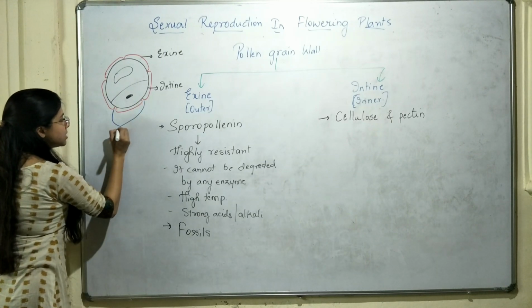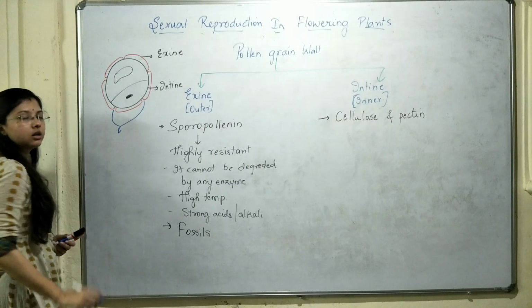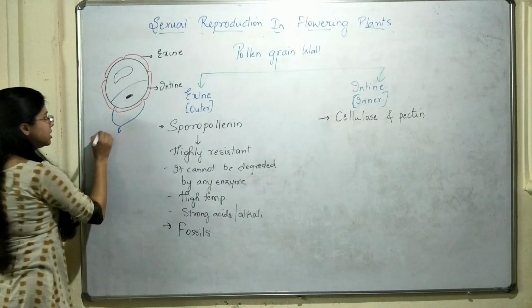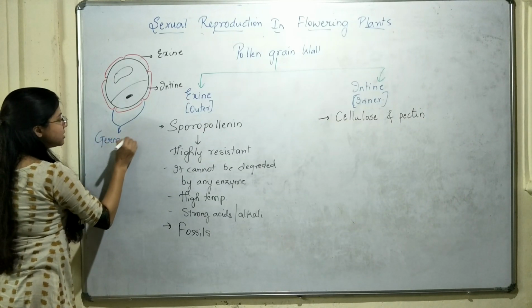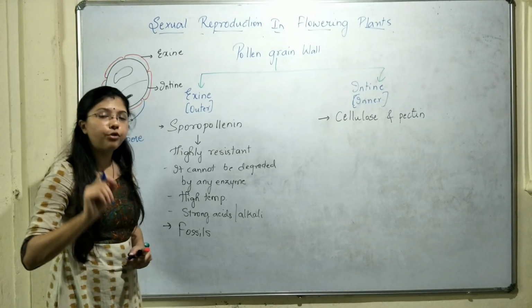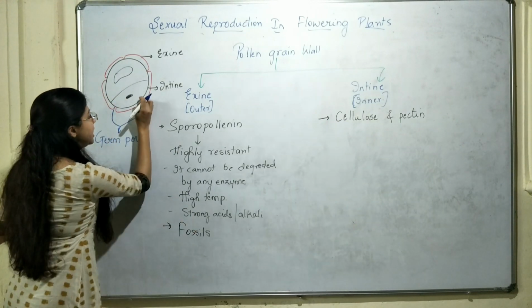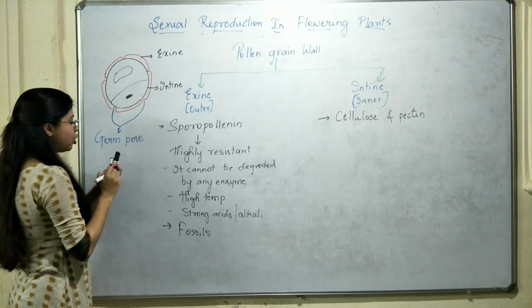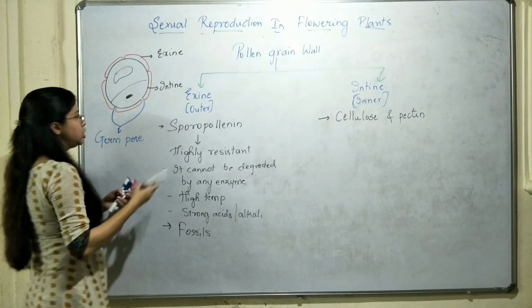That part of the exine where sporopollenin is absent is called the germ pore. The pore or the part from where the intine layer will grow to form the pollen tube.